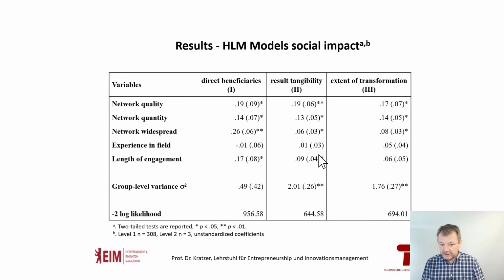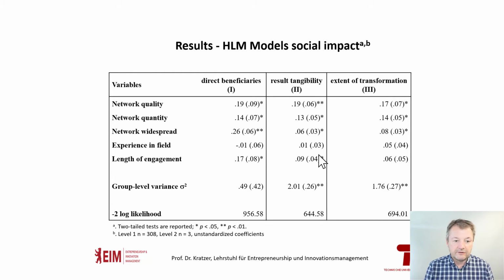It's a normal regression, you can interpret it as a normal regression. You see the regression coefficient, you see the standard errors behind in brackets, and you see the level of testing, the p-value, where we have a threshold at 5 and 1%.